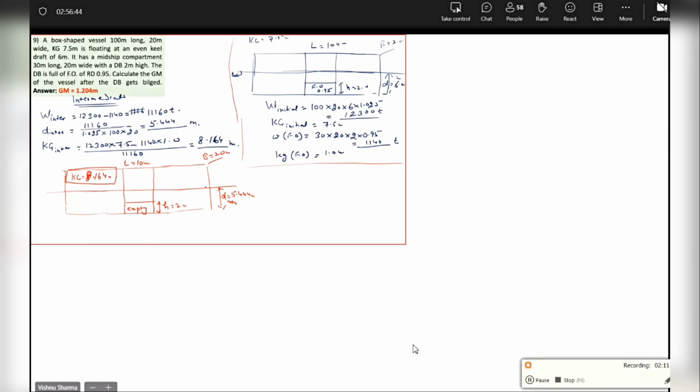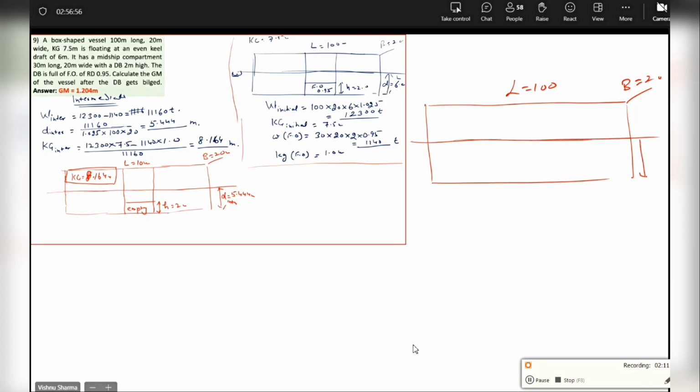Now, if I make the intermediate diagram, the intermediate condition, my length of the vessel is 100, my breadth is 20, and my vessel is floating at an even keel draft of 5.444. Its KG is 8.164 meters.